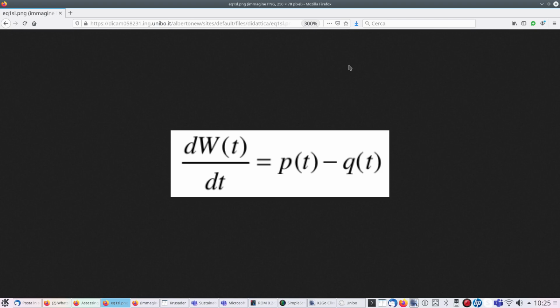So the derivative of W with respect to time on the left-hand side is equivalent to, look at the right-hand side, precipitation over the catchment minus river flow Q(t) at the catchment closure at the considered cross river section.